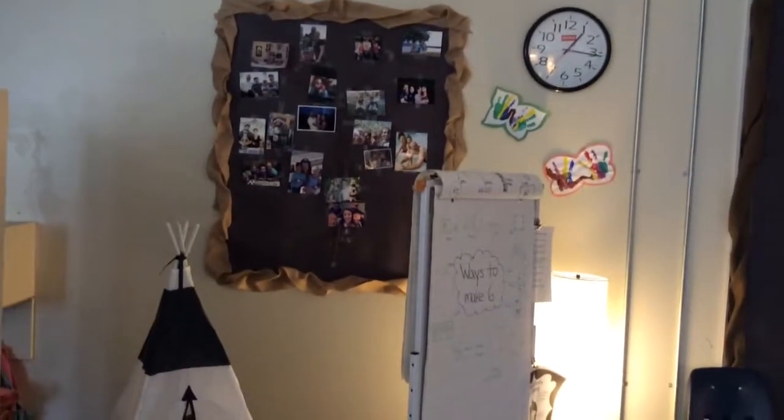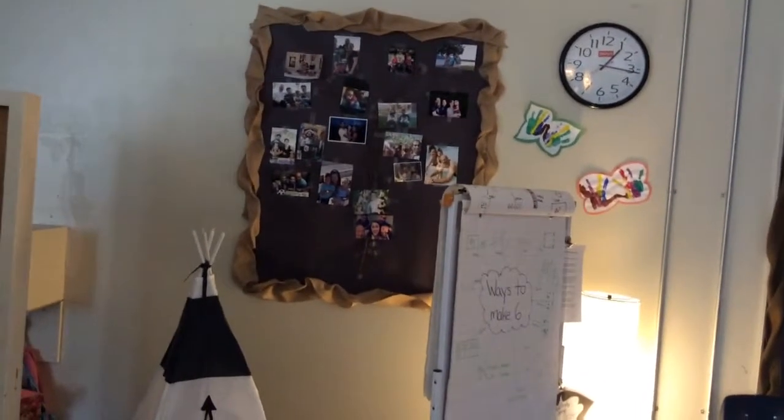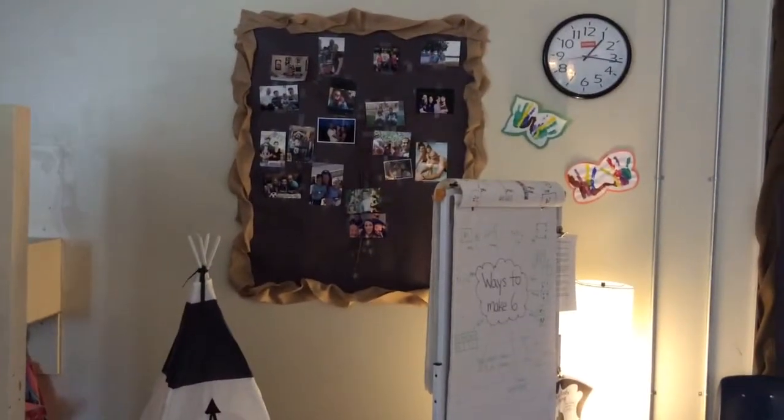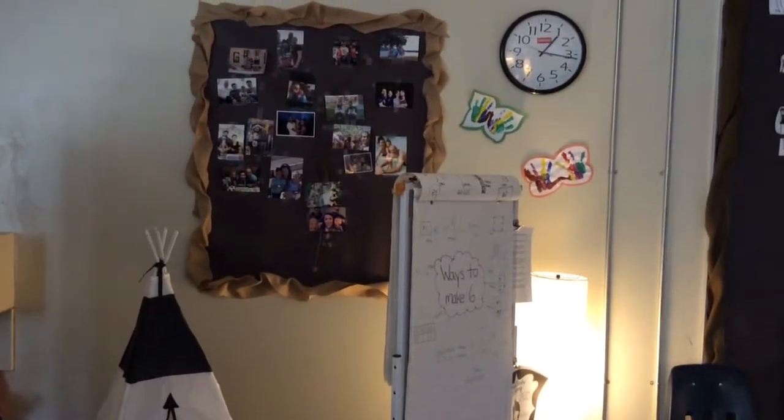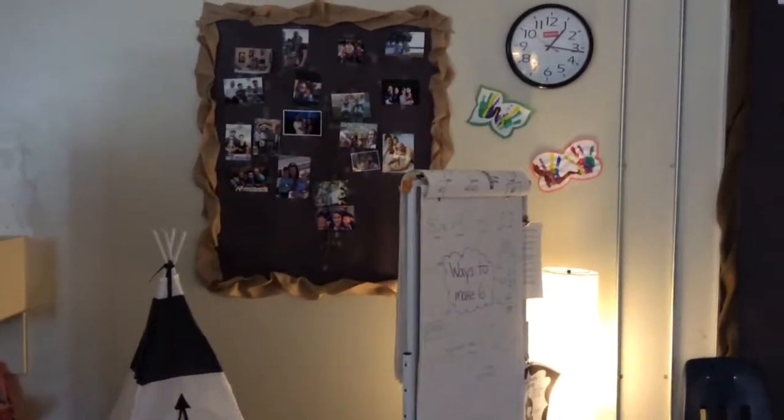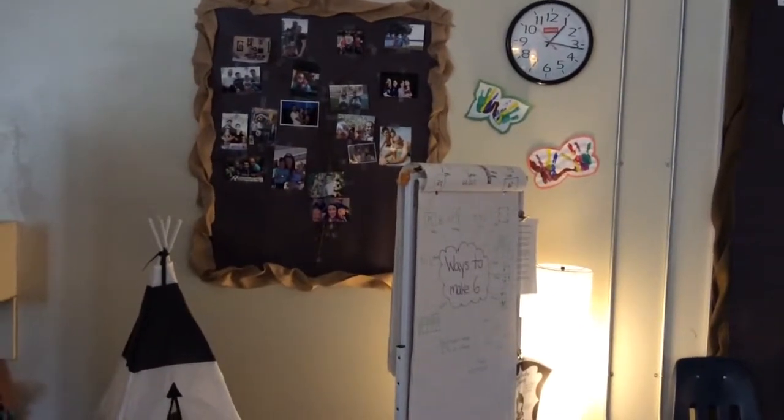This helps show them the different connections that they can make between their family and another family, or the different ways that families can be made up. So this stays on our wall all year, and I think it helps the children develop a sense of belonging, which is very important.